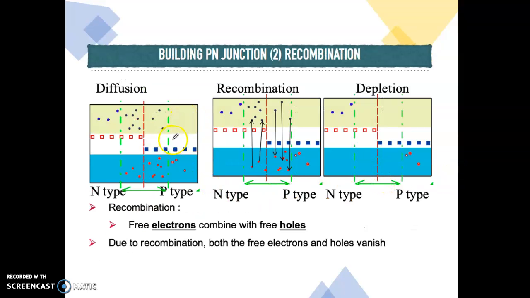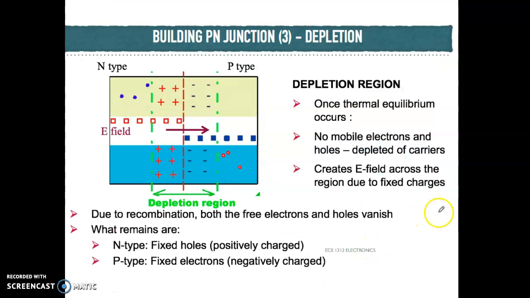When p and n start to move, what will happen in the middle? In the middle part, they will start to combine and vanish. So at your junction, in this area, there will be no more free electrons and free holes. Both electron and hole will vanish.